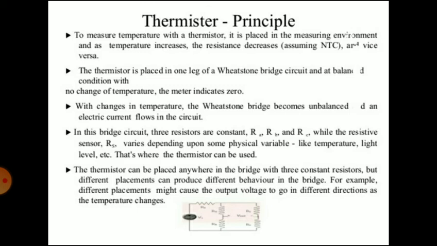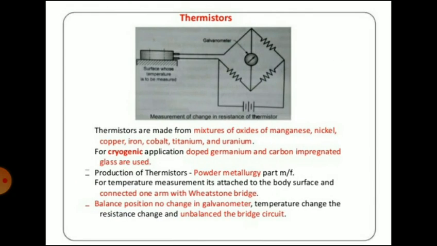That's where the thermistor can be used. The thermistor can be placed anywhere in the bridge with three constant resistors, but different placements can produce different behavior in the bridge. You can see in a diagram that the thermistor is connected in series with the Wheatstone bridge.